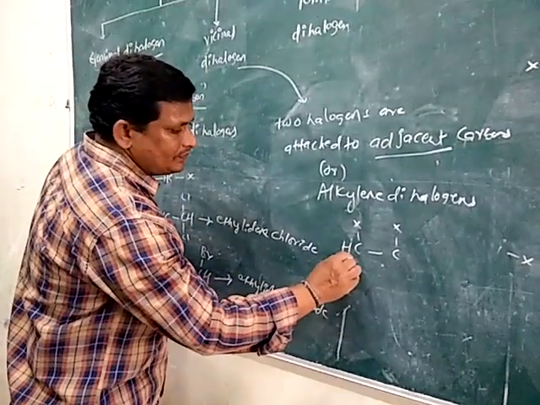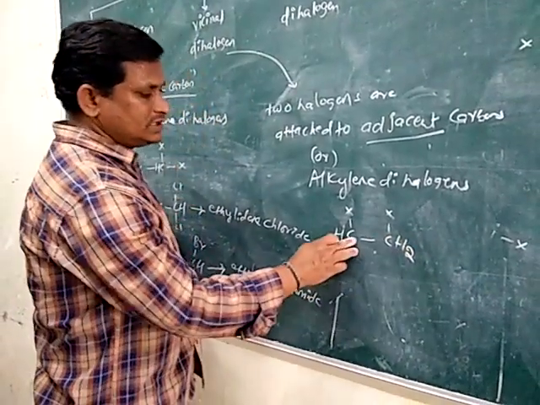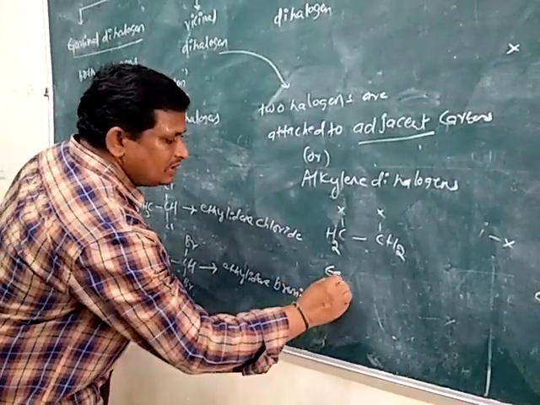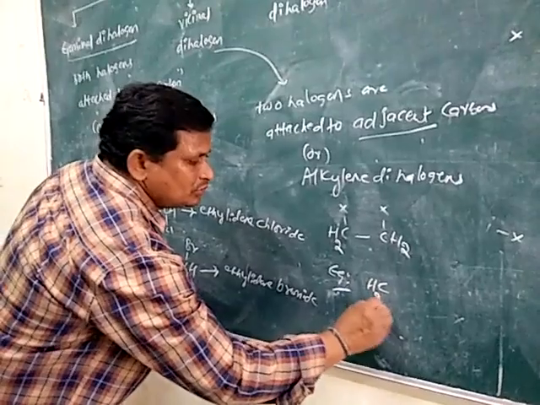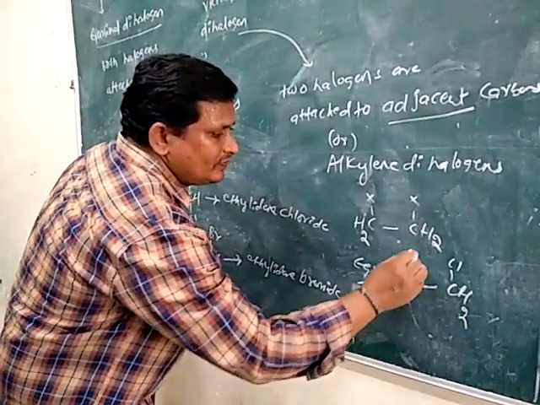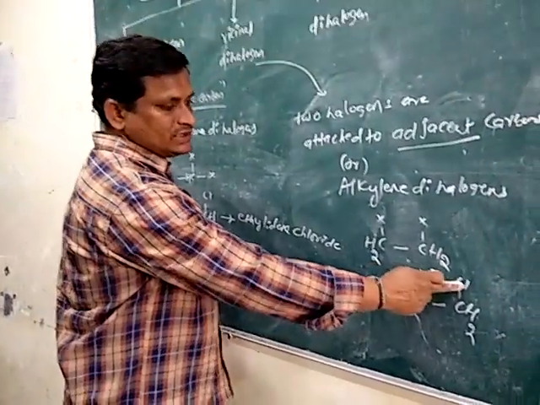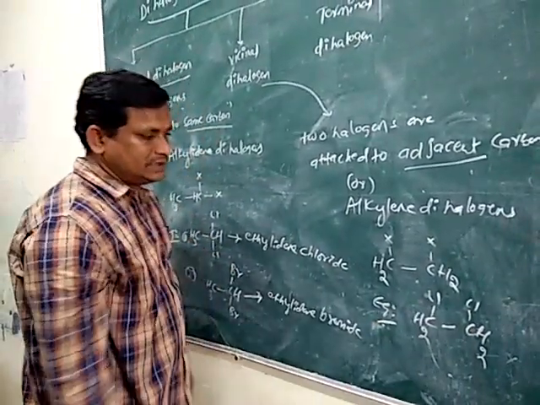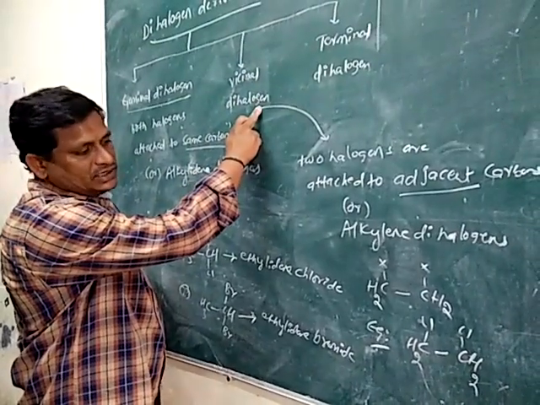The remaining valence is satisfied with hydrogens, so CH2X, CH2X. The best example is CH2Cl, CH2Cl. It means two halogens, that is chlorines, are attached to adjacent carbons. So this compound belongs to vicinal dihalogens.